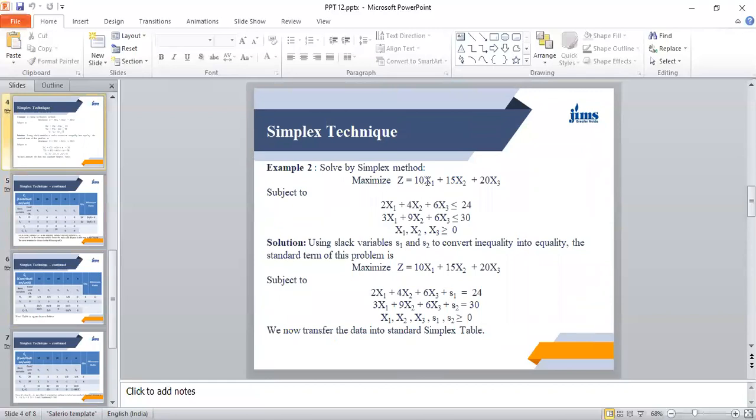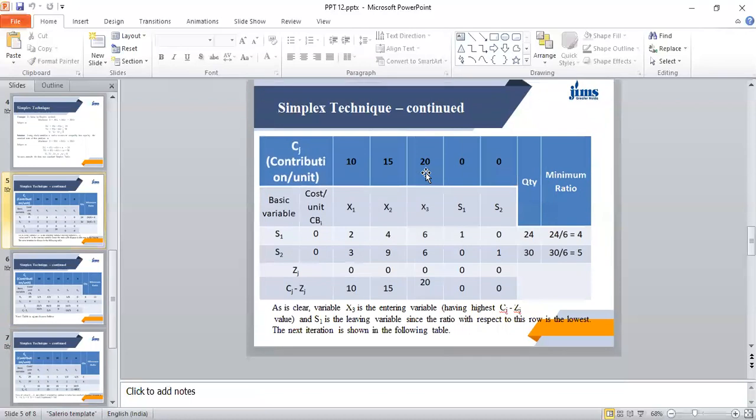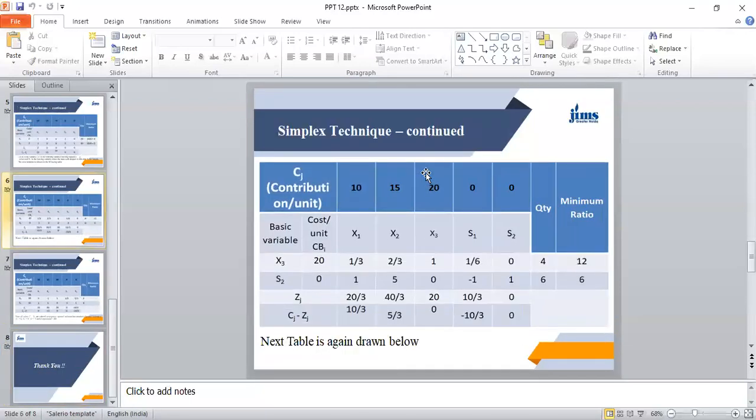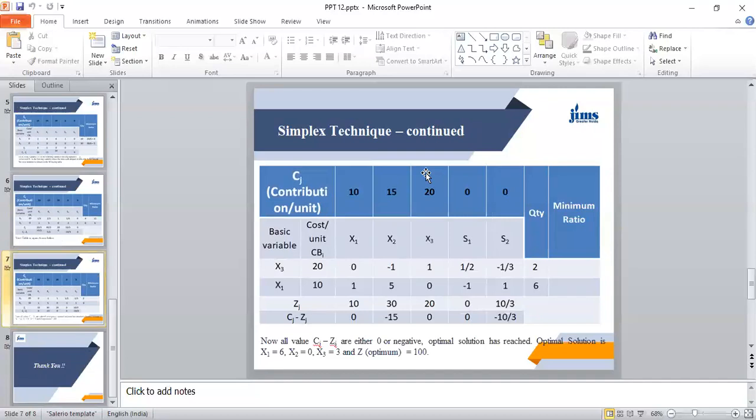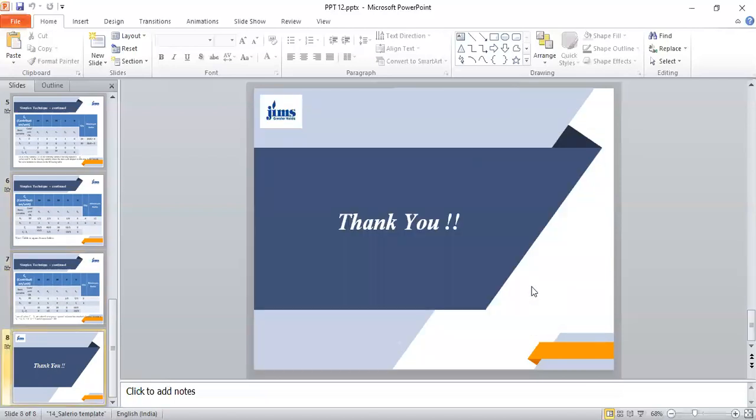So 10 into 6 is 60, and 20 into 2 is 40. 40 plus 60 is 100. So this is the solution.